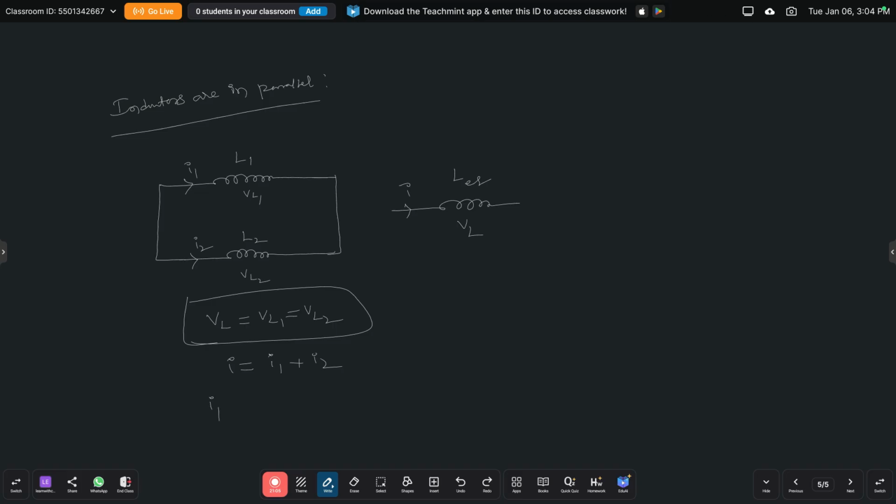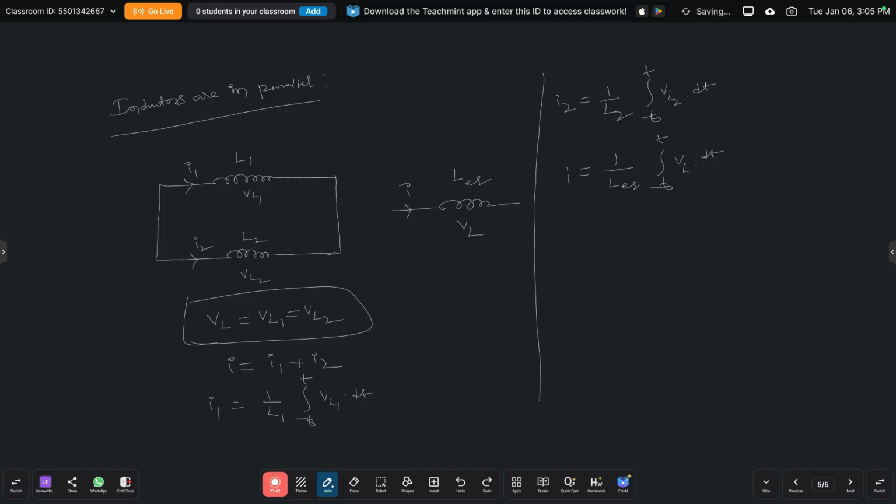The value of I1 is equal to 1 by L1 integration from minus infinity to t of VL1 dt, and I2 is equal to 1 by L2 integration from minus infinity to t of VL2 dt. And the total current I is equal to 1 by L equivalent integration from minus infinity to t of VL dt.